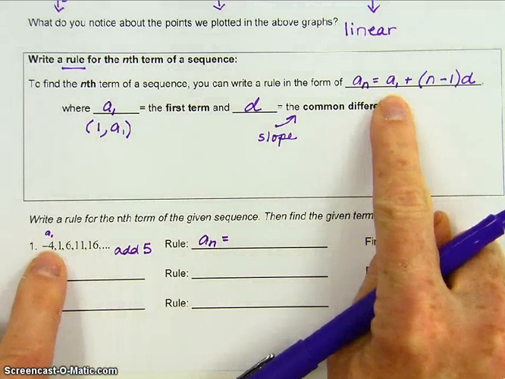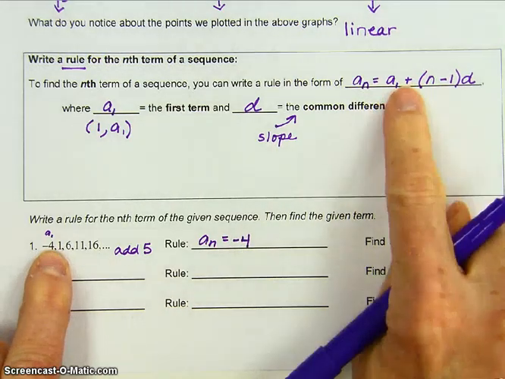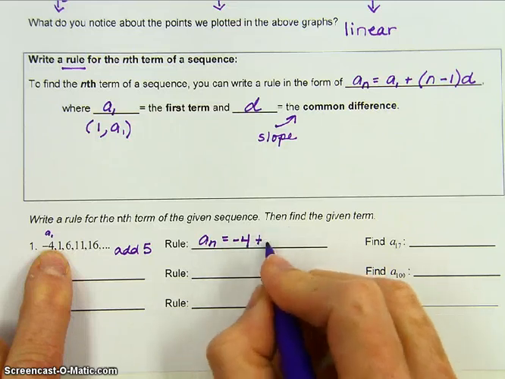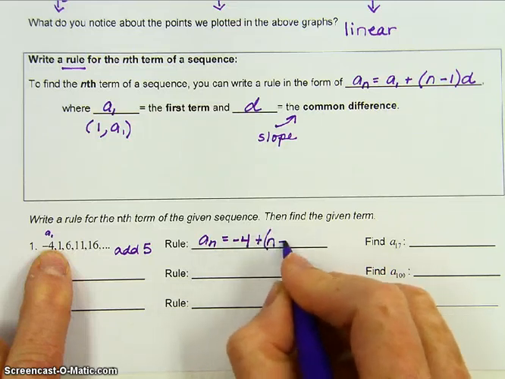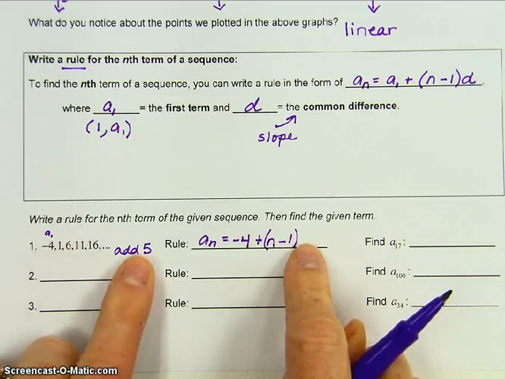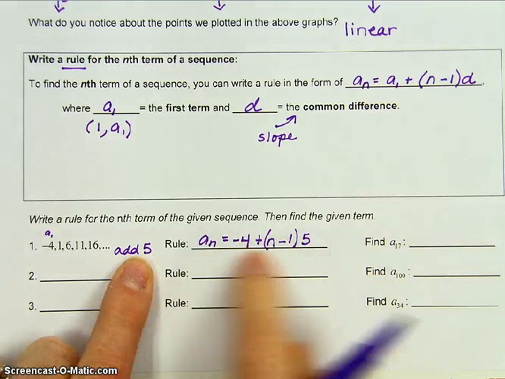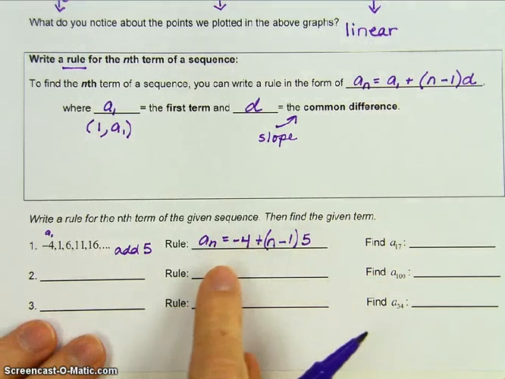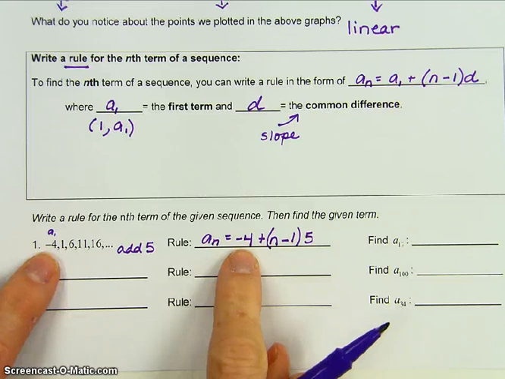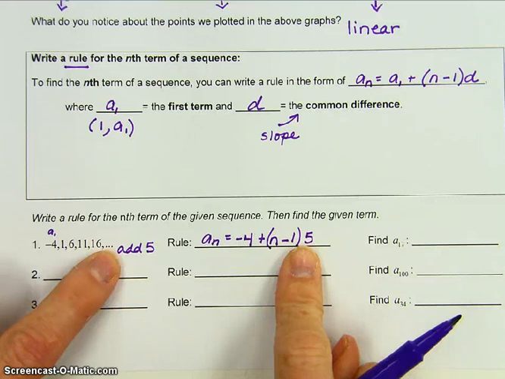It's the first one right here. So negative 4, plus n, I don't know n, minus 1 times the d. Well, the d is the add 5, so we put a 5 here. That's all I had to do. So negative 4 was a sub 1, and the common difference, or our slope, was add 5. So that's our rule. That's it.